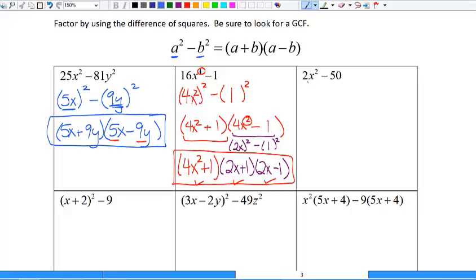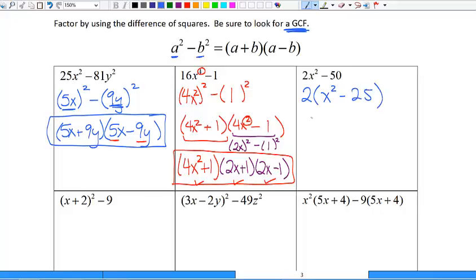On my next problem, I have 2x squared minus 50. Now, 2 and 50 are neither of those numbers in my list of perfect squares. So this is a dead giveaway that we might need to look for a GCF. So when I factor out a GCF, I'm getting 2 out of both of the terms, which leaves me with x squared minus 25.